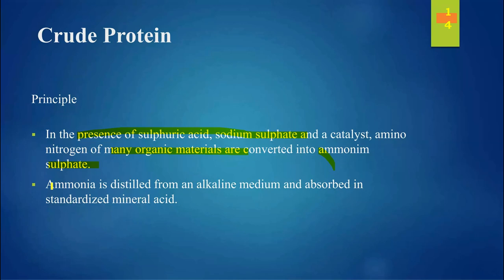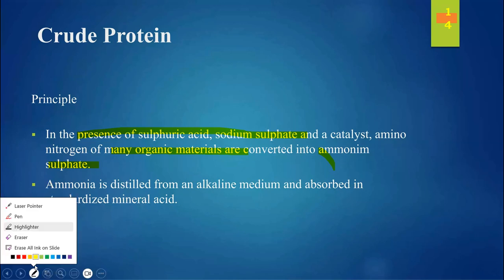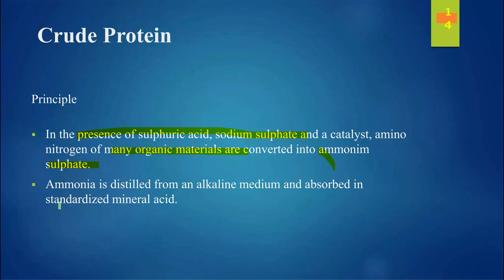Then ammonia is distilled from the alkaline medium and absorbed into a standardized mineral acid. This is the way crude protein is calculated.